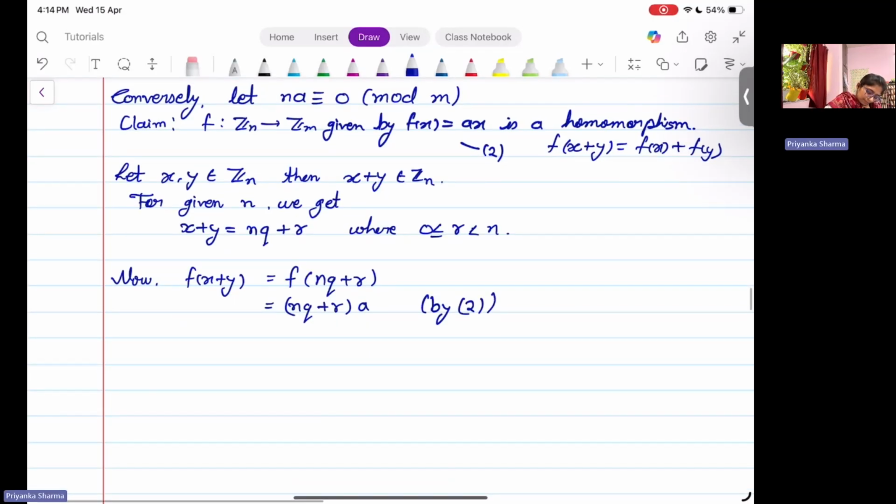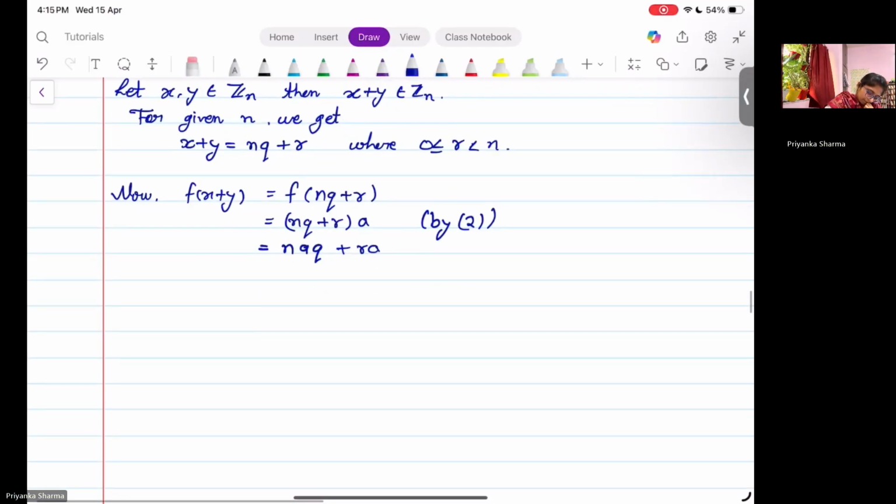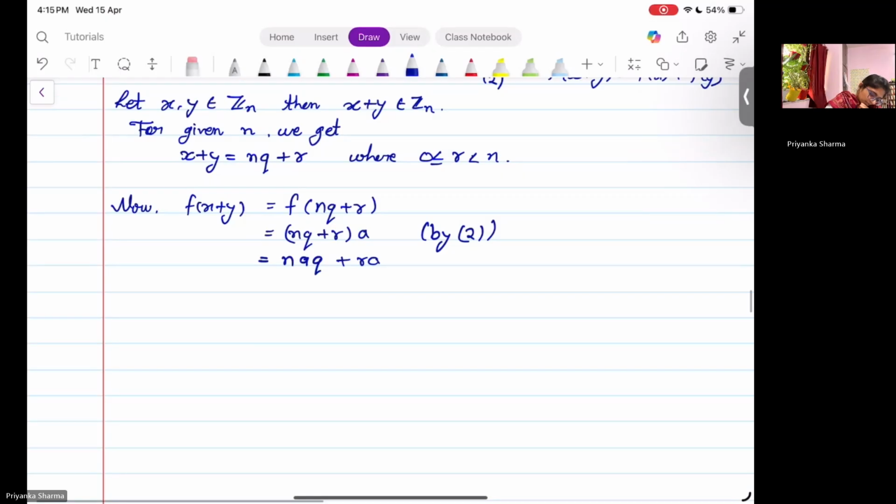Actually, Zm is abelian, so we can write it. Now this will be naq plus ra, which is congruent to ra since na is congruent to 0 mod m. So this will be congruent to ra modulo m.